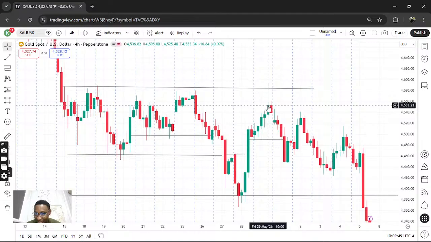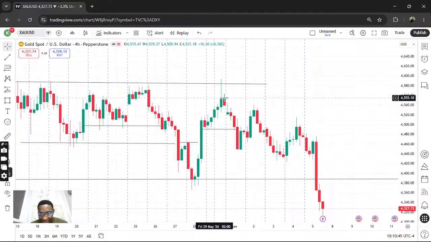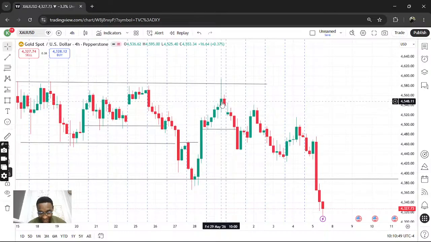Drawing lines is good, okay? Drawing lines is good because it tries to help you understand maybe levels, but it is not the main thing. Look at this candle, this bullish candle that was formed here. This bullish candle moved up.